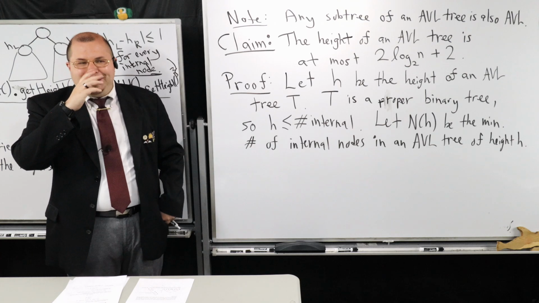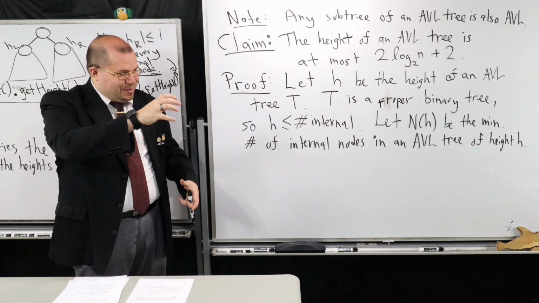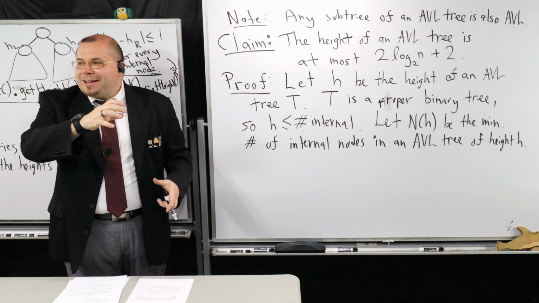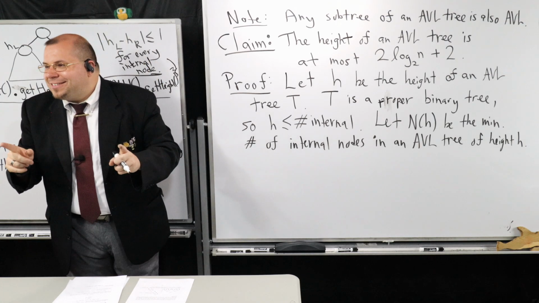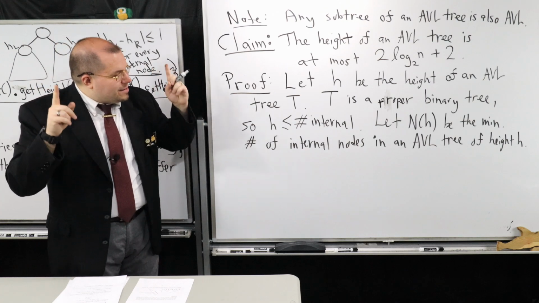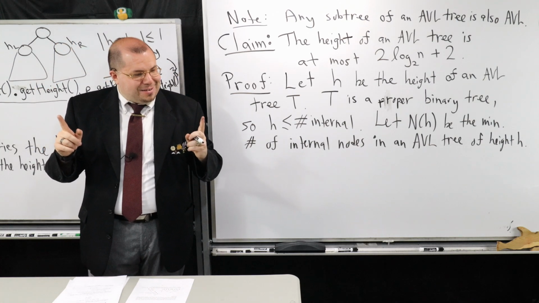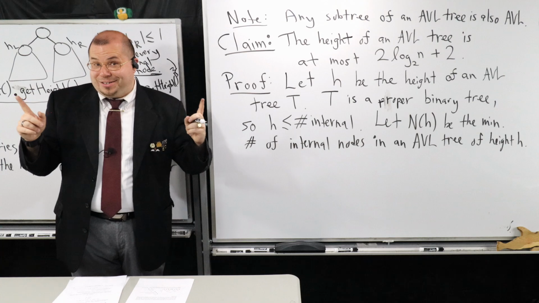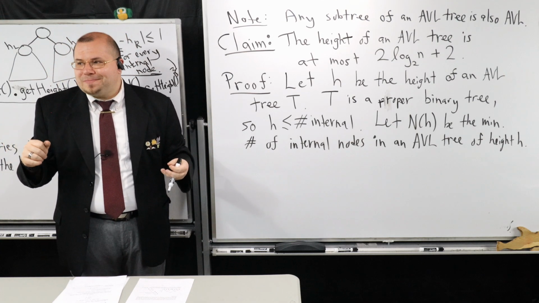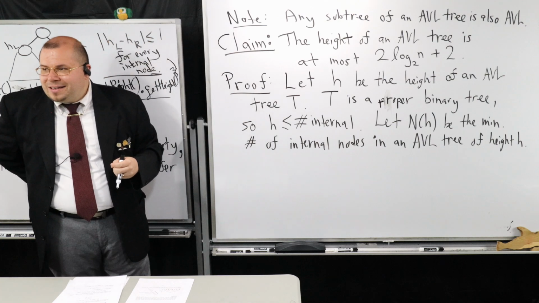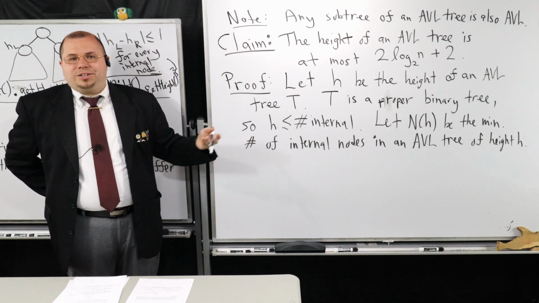This is going to be the bunny I'm going to reveal at the end of this proof. So I know you guys are the savants of this stuff. What is the number of internal nodes in a binary search tree when I count up how many there are? So what is it in the data structure?